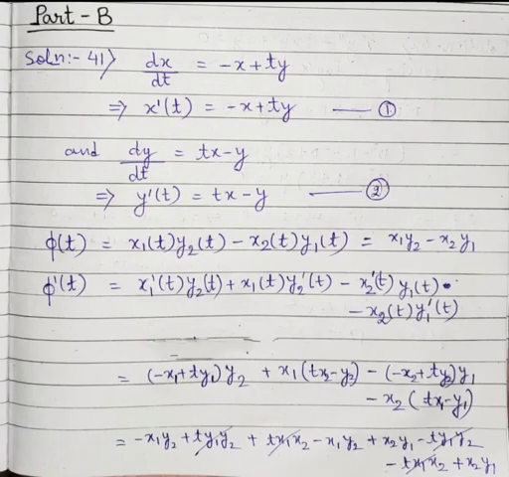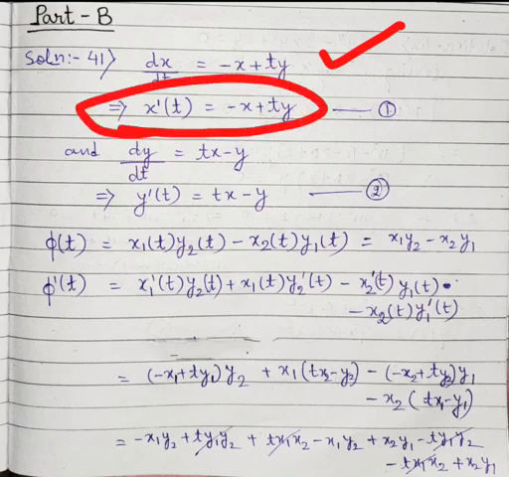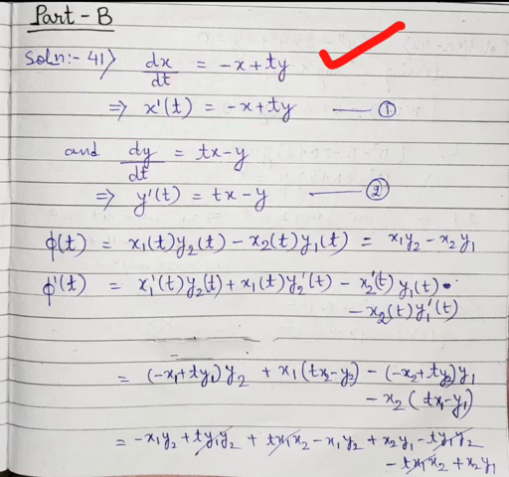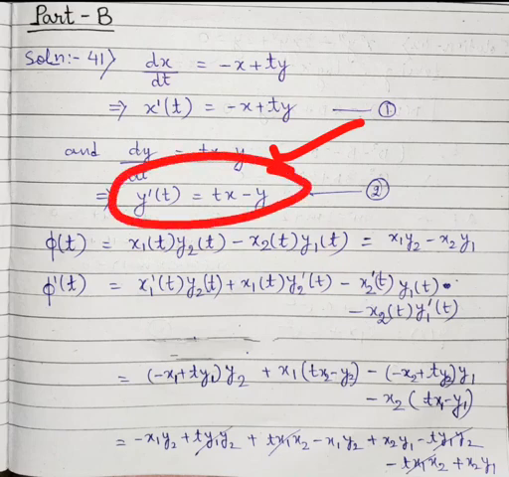Now here we were given dx/dt as -x + ty, so we can write it as x'(t) = -x + ty and take it as equation 1. Secondly, we have dy/dt = tx - y, which can be written as y'(t) = tx - y, and we take it as equation number 2.